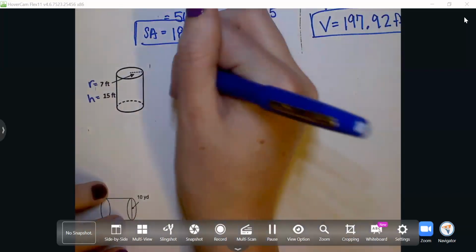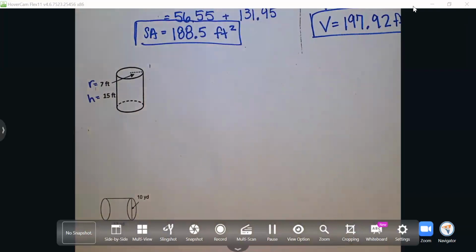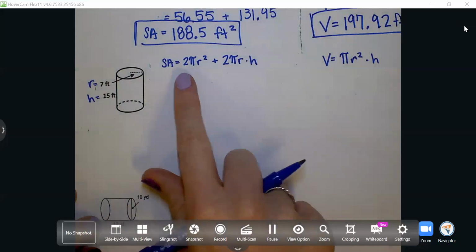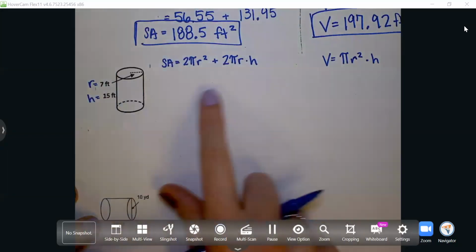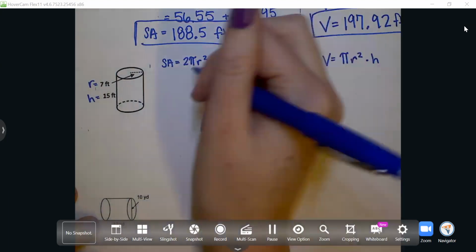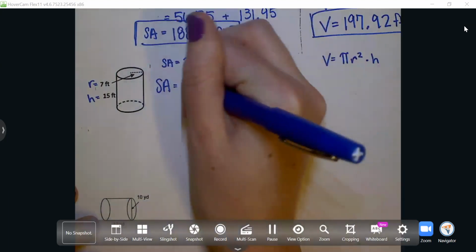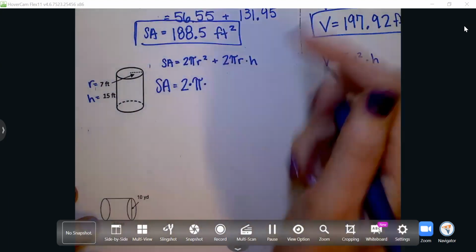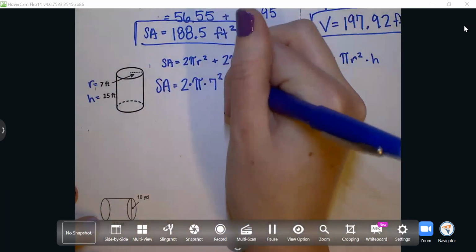So if I'm doing 2 pi r squared, I'm going to take this exact formula from the top of my page, and I'm going to fill in the blanks with the r's and the h. 2 and pi are going to stay the same. 2 times pi times r squared. My r is 7, so 7 squared.